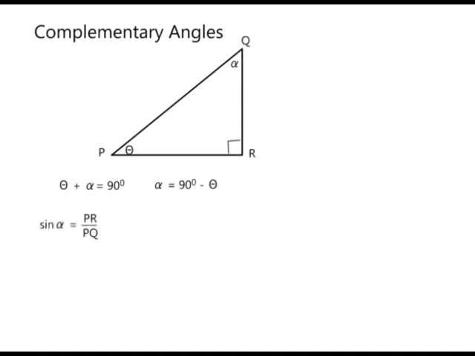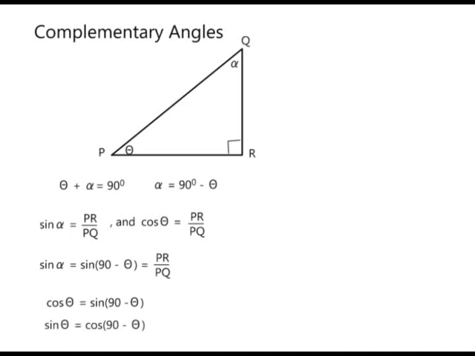Sin alpha is equal to PR over PQ, and cos theta is equal to PR over PQ. Sin alpha is equal to sin of 90 minus theta, that is equal to PR over PQ. And therefore, cos theta is equal to sine of 90 minus theta.